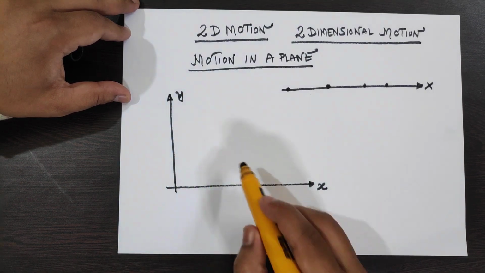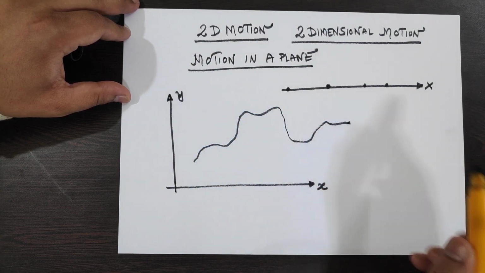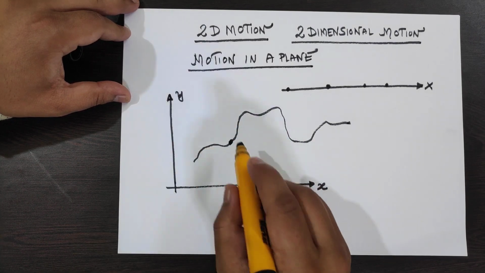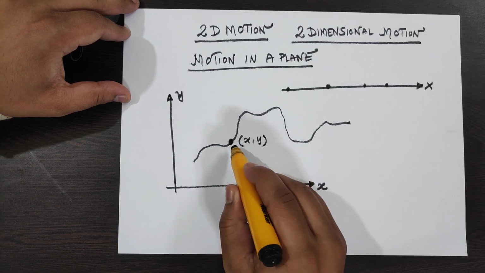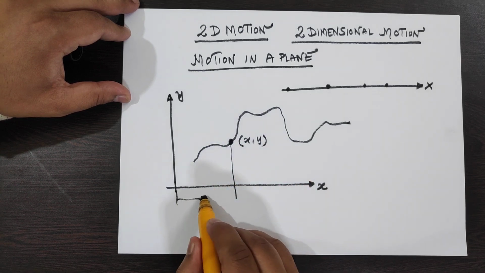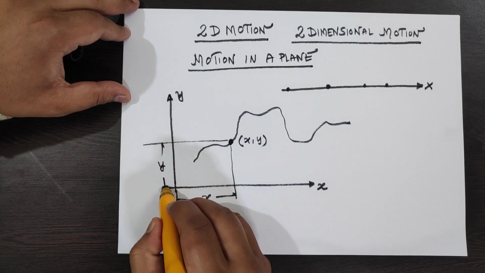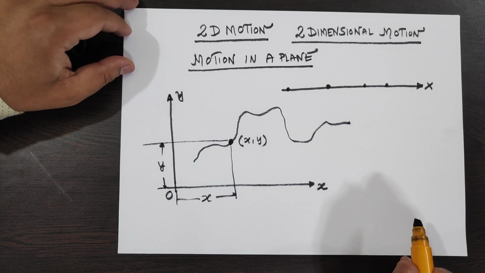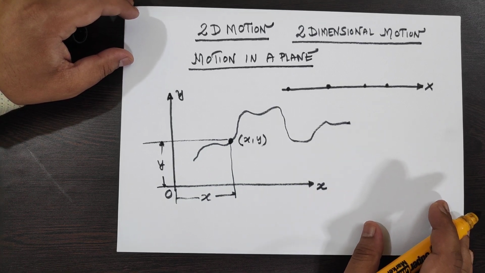Say these are the coordinate axes, and this is the path of the insect on the paper. Now we describe the position of the insect by the coordinates x and y. Two coordinates are necessary, x and y. If it were three-dimensional motion, we would have needed three coordinates.